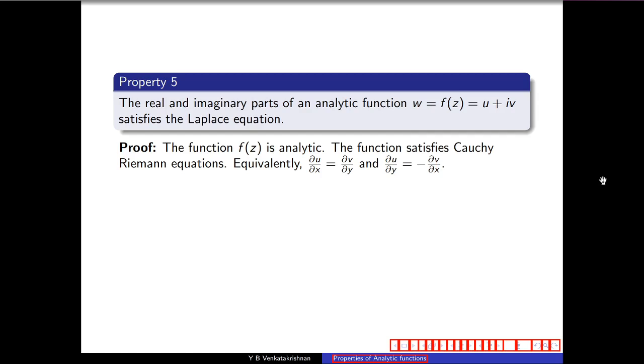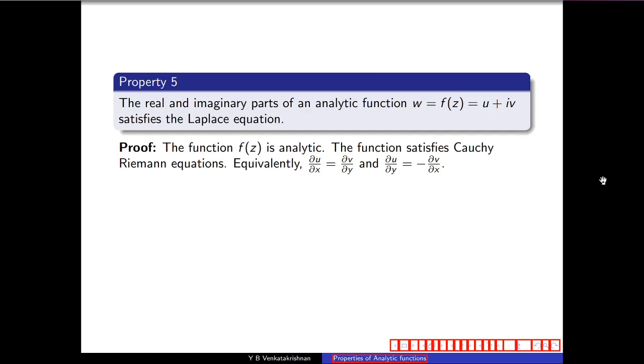That is, dou squared phi by dou x squared plus dou squared phi by dou y squared is equal to 0. Here, the real and imaginary parts satisfy the Laplace equation. So dou squared u by dou x squared plus dou squared u by dou y squared is 0. And similarly, dou squared v by dou x squared plus dou squared v by dou y squared is also 0.